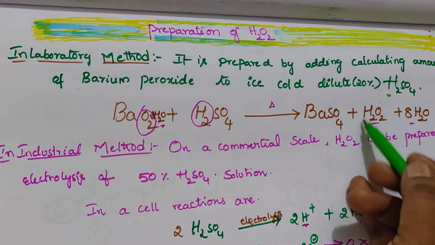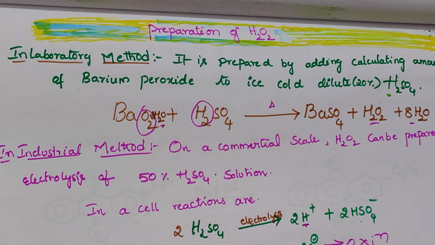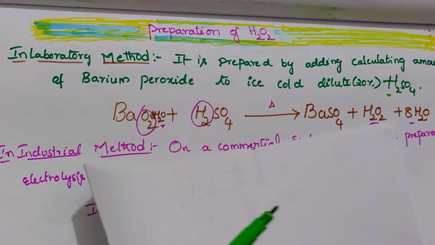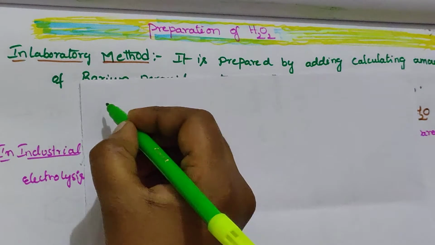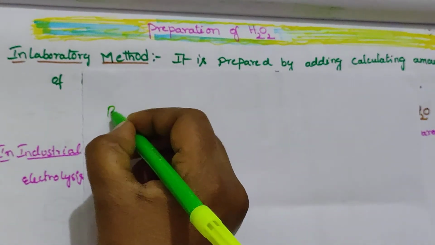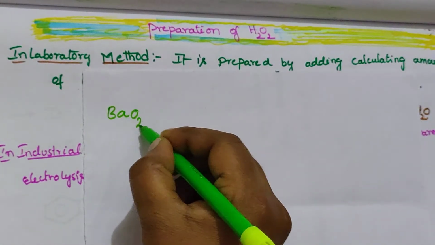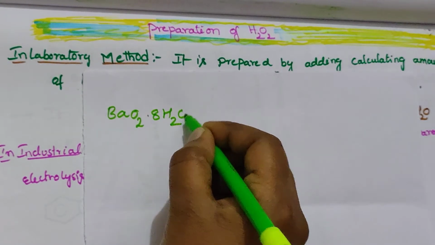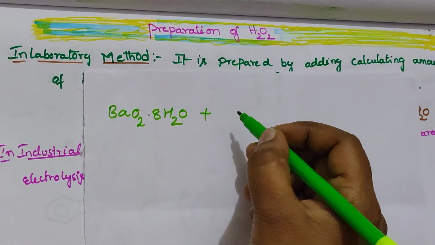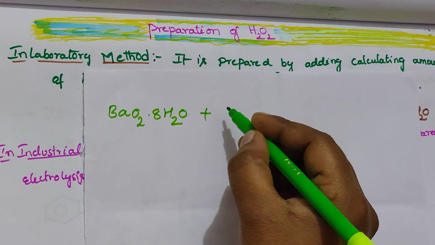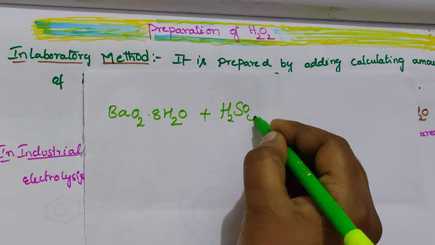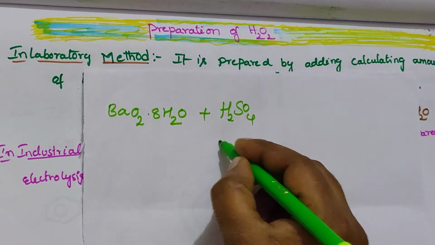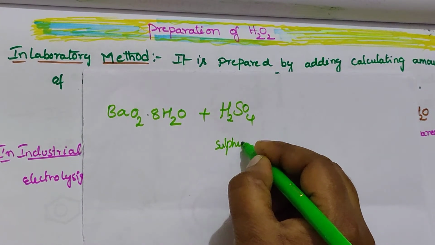How is it formed? Barium peroxide, BaO2.8H2O, is treated with ice cold diluted 20% sulfuric acid.